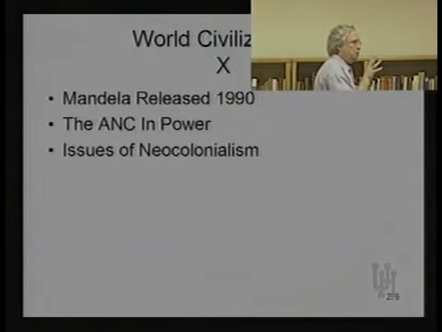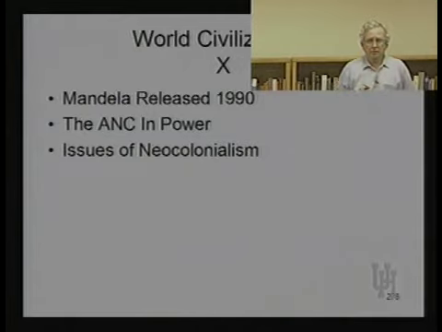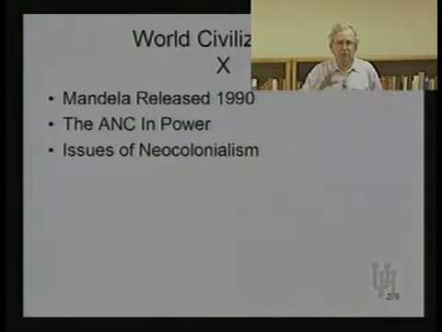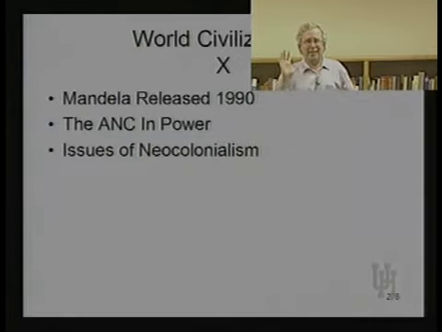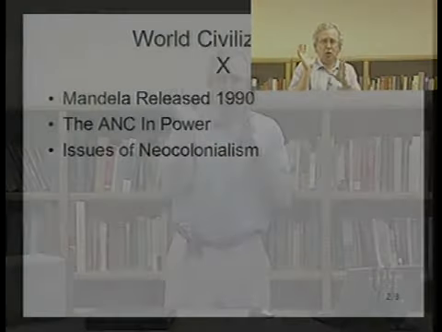But it left an issue much like in India, and one that still troubles South Africa today. And that is the inequalities, the economic and social inequalities that existed prior to independence under colonialism were not going to be fully addressed with the achievement of independence, because this was essentially a negotiated transition.